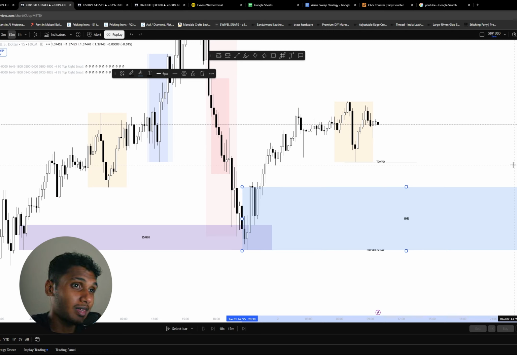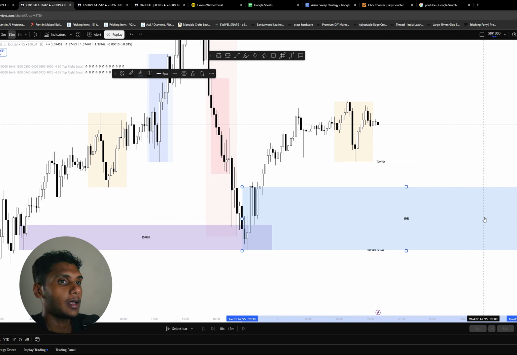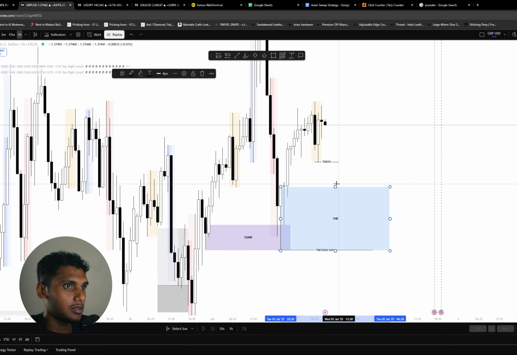So in these kinds of situations, what I should be doing is looking for any sort of change of character here, and we could be trading the other model of entry, which is that MMX model. But I'm not doing that now, so we're going to be letting go of this opportunity today, because it's a very, very big risk to reward.